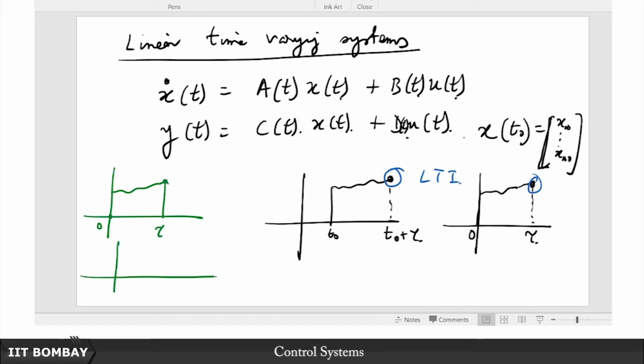On the other hand, if you applied the same input, or the initial condition to be the same, at say t naught, and you look at the response at t naught plus tau, you might find, in fact in most cases you would find, that these two are not equal. Then what do you do? This method of finding the state space equation solution does not work here.